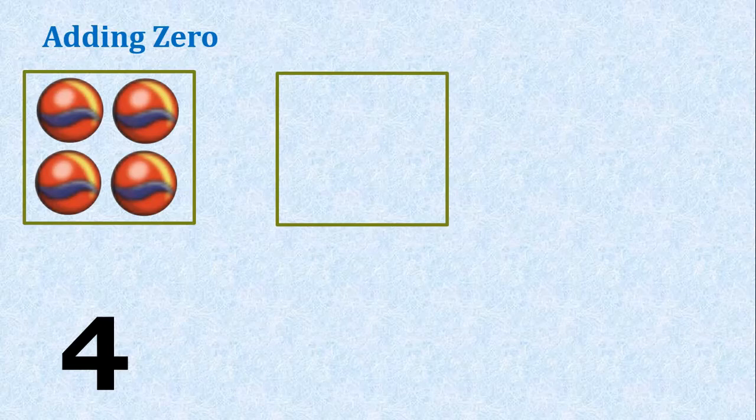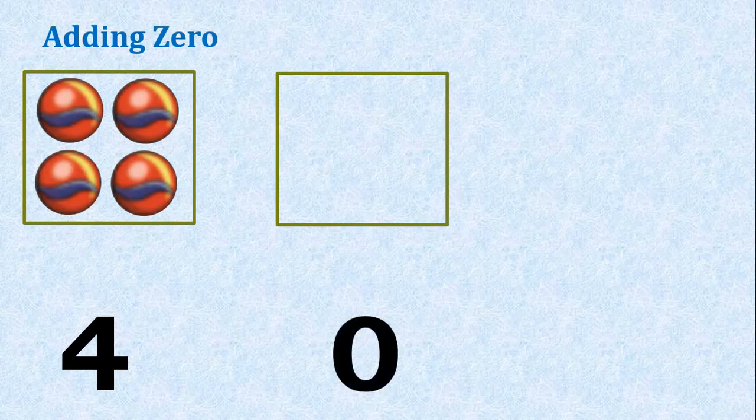So we know that nothing to count is represented with 0. So 0 represents nothing. So there are nothing in the box which can be represented using the number 0.